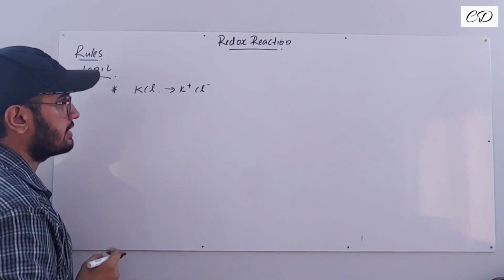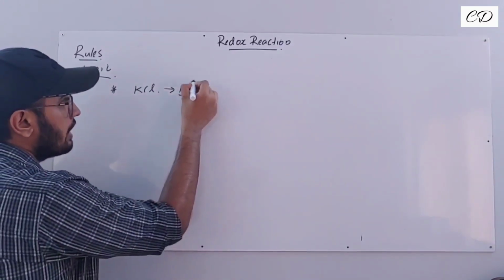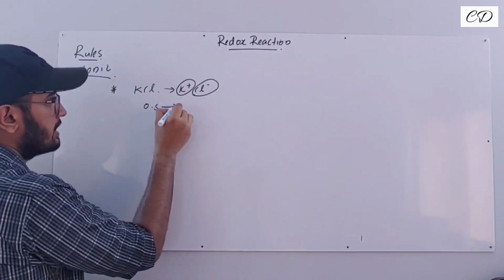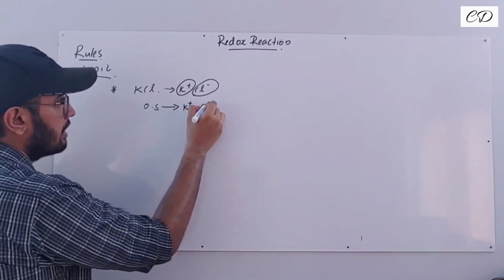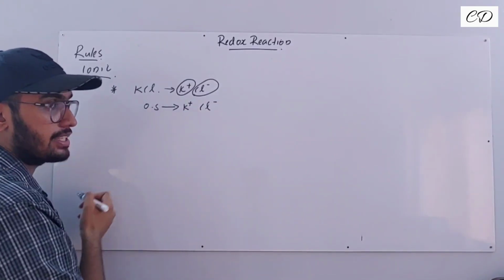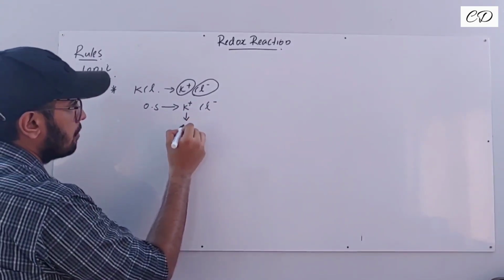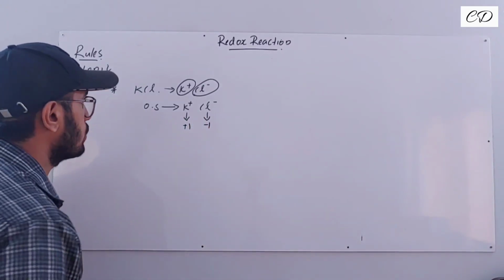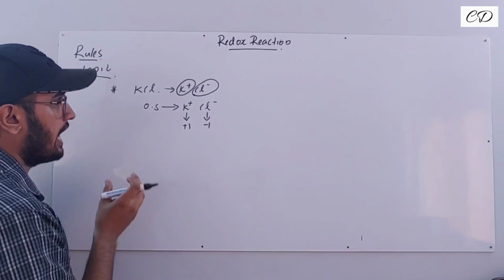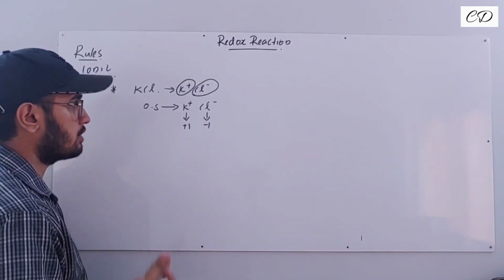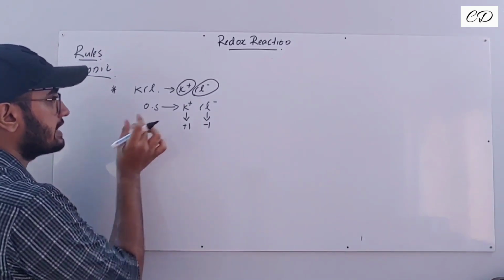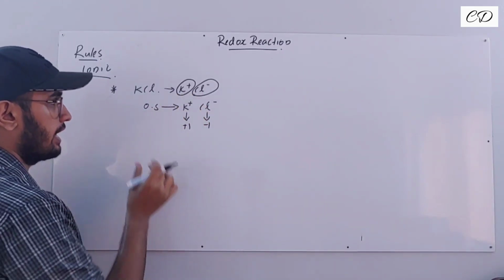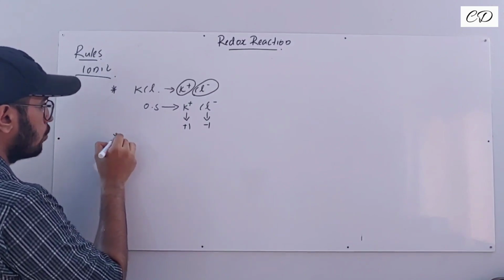The first rule says that the charge of the anion and cation is assigned as the oxidation state of potassium and chlorine. So the oxidation state of K plus is +1 and chlorine is -1. If we split a compound into anions and cations, the oxidation state is the charge of the individual atom. That is rule number 1.